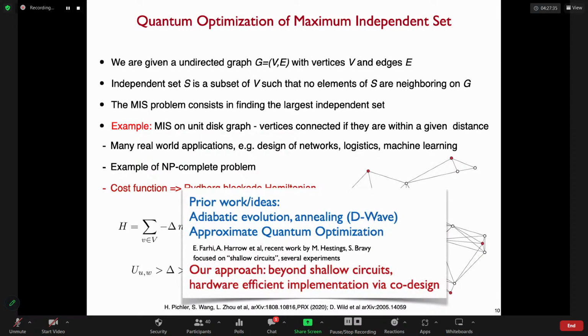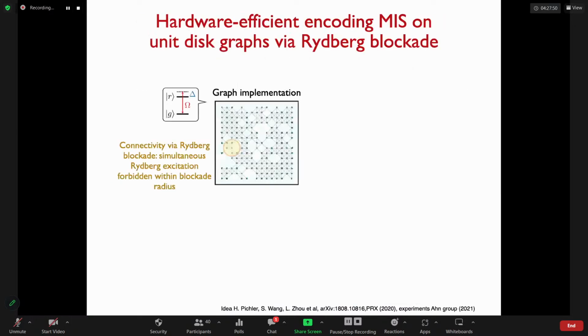The idea here is that by encoding it, we will be able to explore it at what's called large circuit depth, and with a much larger number of qubits than otherwise possible. Here is how we do it. We associate each vertex with a single atom on this atom array, and we define the connectivity by defining a Rydberg blockade radius.